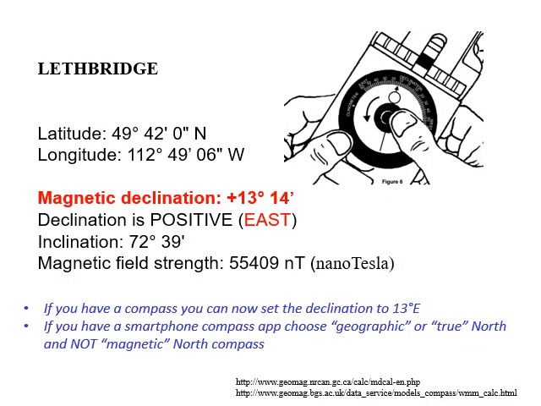At the location of Lethbridge in Canada, the magnetic declination is 13 degrees. That means that your magnetic north is on the east side of your geographic north. Magnetic declinations are given as positive or negative, and the convention is that we give it a positive number if it's east.